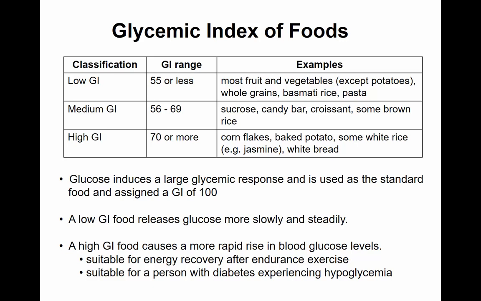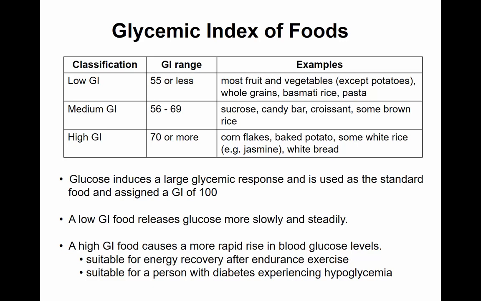Most fruits and vegetables are low GI foods. Candy bars, sucrose, croissant and some brown rice are considered medium GI foods. High GI foods are things like baked potatoes, white rice, white bread and cornflakes.